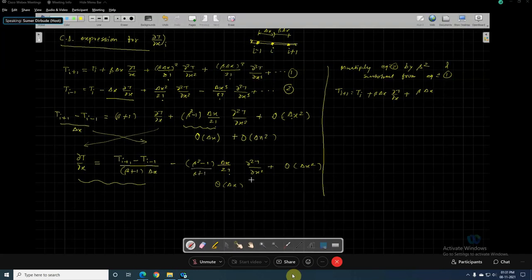Yes, sir. So it depends upon beta. Okay. Here beta delta x, beta square delta x square by 2 factorial del 2t del x2 plus beta cube delta x cube by 3 factorial.